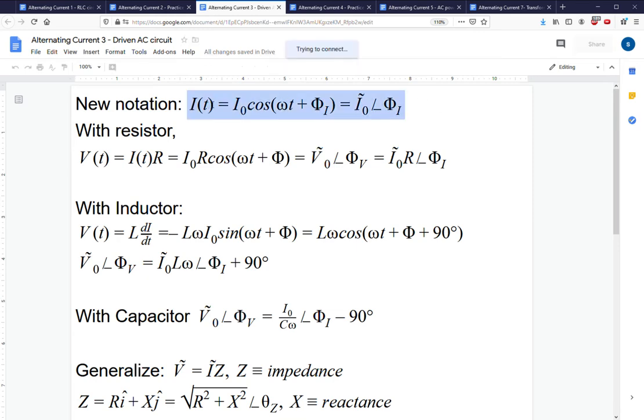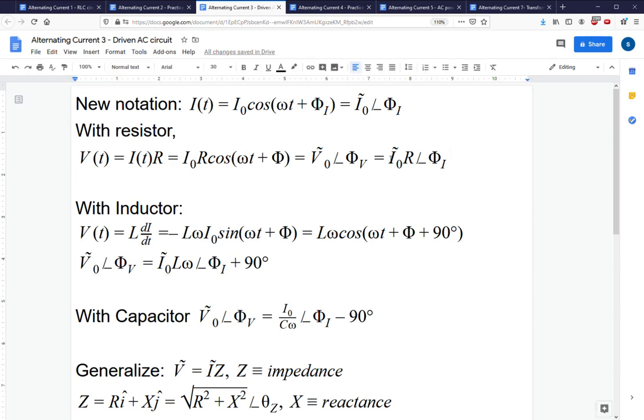Now, if we have this current, I naught cosine omega t plus phi, or I naught twiddle phi, we can use Ohm's law to find the voltage across it. Because after all, V is equal to I times R, and that's not changed by being an alternating current.